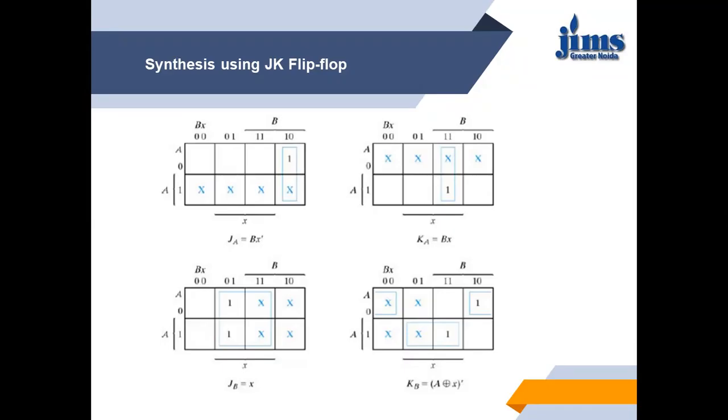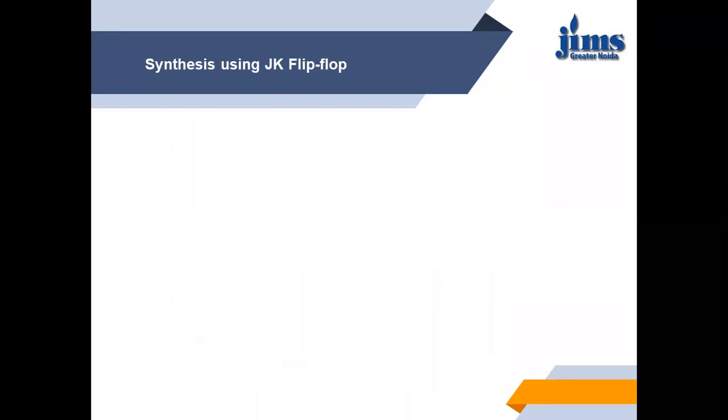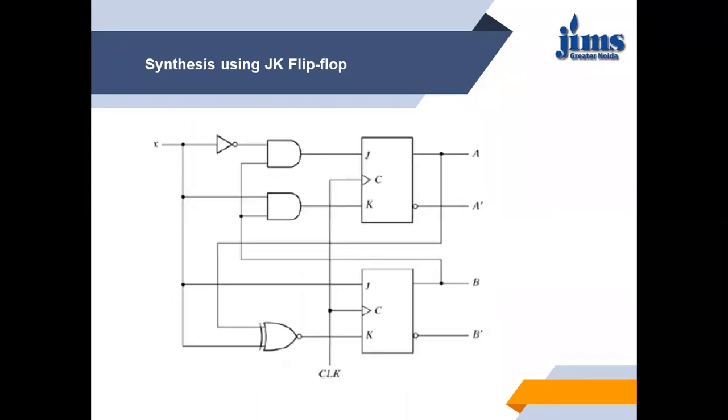When we have the excitation inputs for the required flip-flops, we have to draw the circuit. In the next step, we put 2 flip-flops A and B, and the outputs of the flip-flops are A bar, B bar. We have an external input X, and the internal inputs of the flip-flops are JAKA and JBKB respectively.